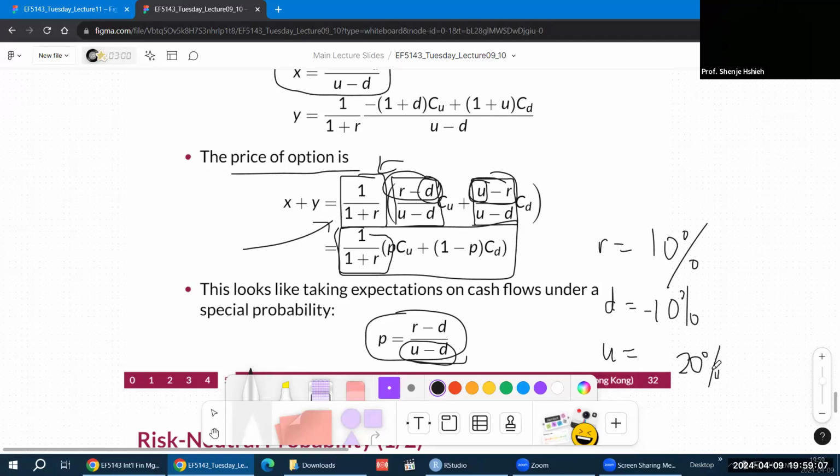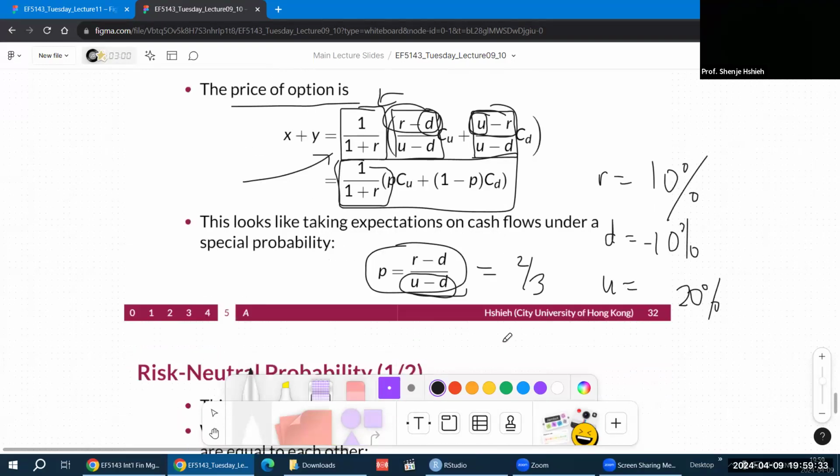So given these three parameters, we can assign our P to be 2/3. Okay, so this is just to show you that with the P here, the investor will value the stock and the bond the same price. Okay, hence it's risk neutral. Hence the name risk neutral.